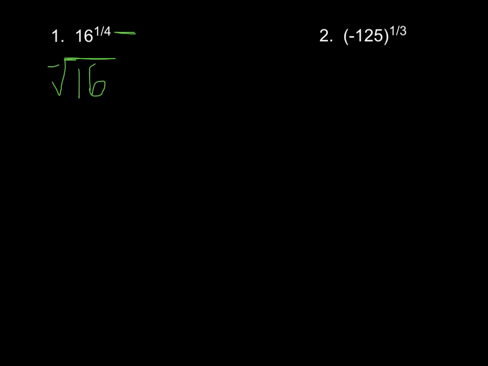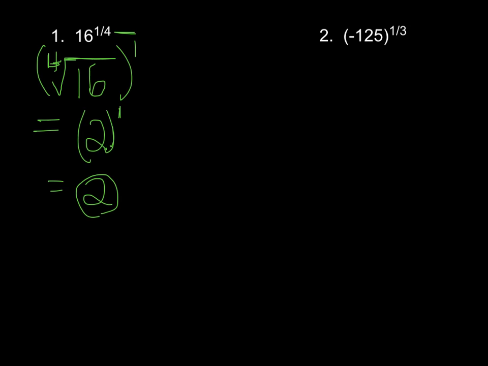And then our power will be our numerator. So there we go, power over root. Okay, so then what we start by doing is taking the 4th root of 16, which will be 2, and then we raise it, in this case, to the first power, which obviously is just 2. And then that would be our answer.